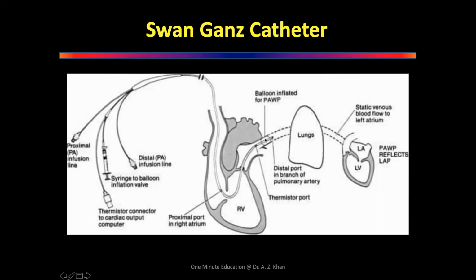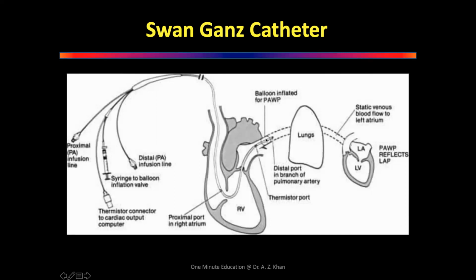The moment you inflate the balloon, the tip has a sensor, and the sensor is measuring this pressure, and this pressure will directly correlate with left atrial pressure, provided there is no problem in the lung. So a pulmonary artery wedge pressure is an indirect measurement of the left atrial pressure, by measuring the pressure in the pulmonary artery after wedging out the proximal changes.